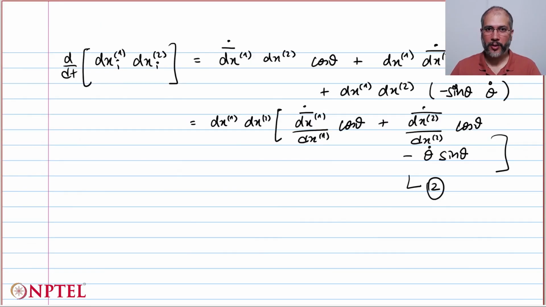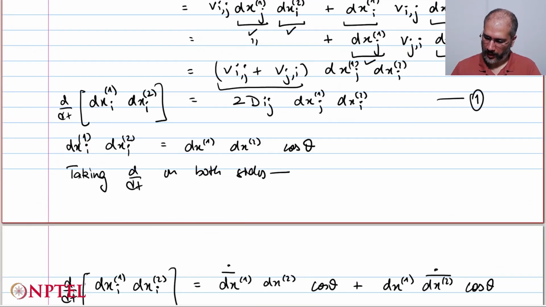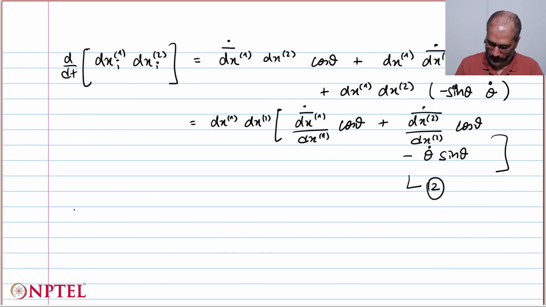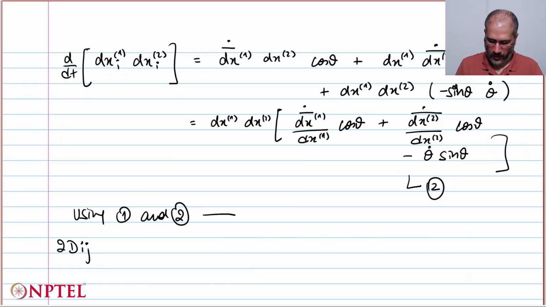So we have this equation 2, which has a theta on the right hand side, and we had this equation 1, which had the d on the right hand side. So if we equate the right hand sides for 1 and 2, because the LHS are the same, this gives us twice dij dxi1 dxj2.